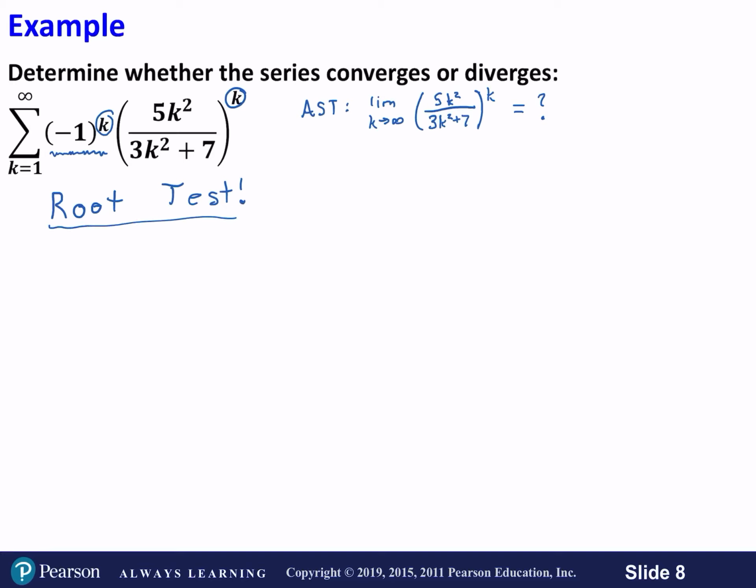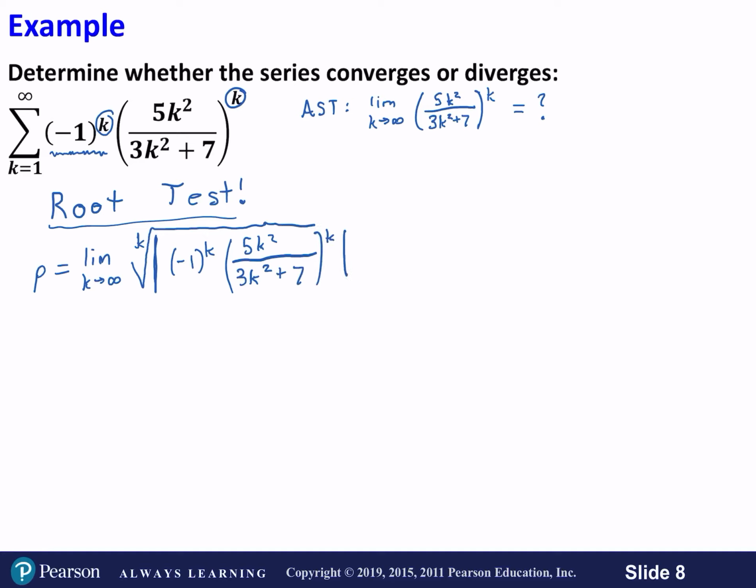So if we do the root test, we define rho to be the limit as k approaches infinity of the kth root of the absolute value of negative 1 to the k times 5k squared over 3k squared plus 7, all raised to the kth power.